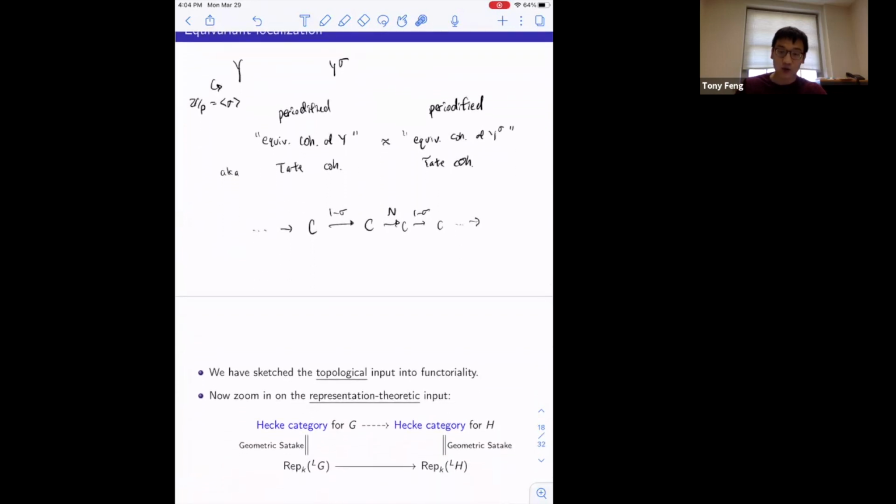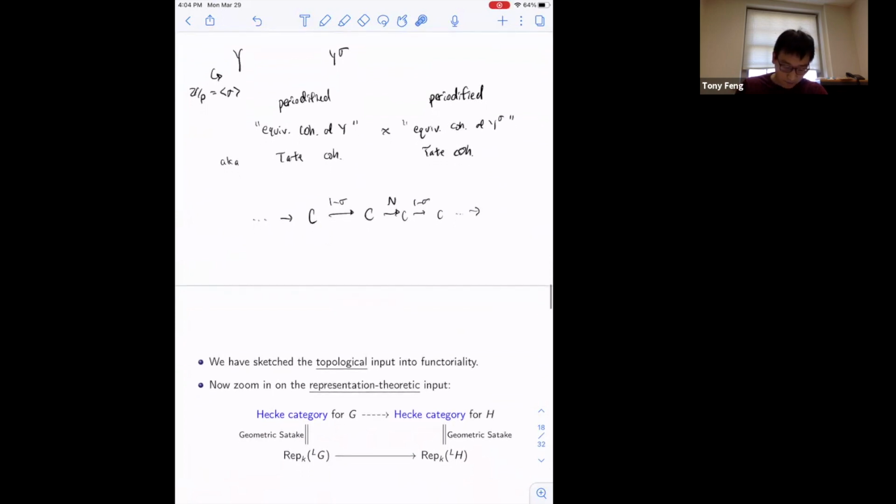This comes back to the question I stated on the second slide, which is that this functoriality is about a map of dual groups. How can we see that? We see the dual group because we see in this story its category of representations. But the way in which we see it, we see the constructible incarnation of it.